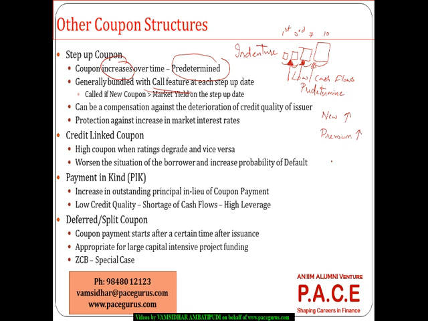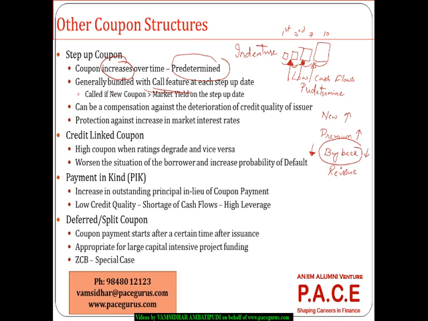So this is where the company can really buy back the bond at an older price, at a lesser price, and reissue them into the market, right? Because the buying back can be done at a specified predetermined price, which might be lower in some cases compared to the market rate at that point in time.